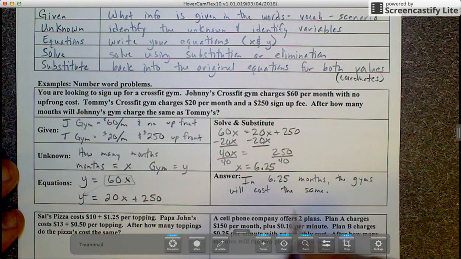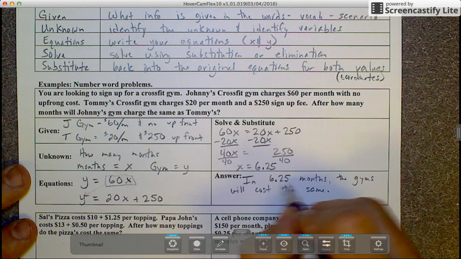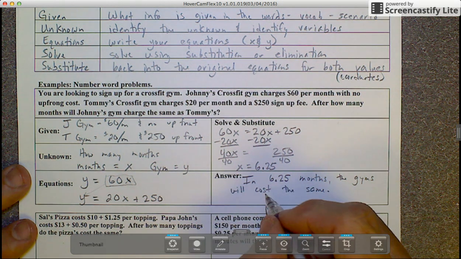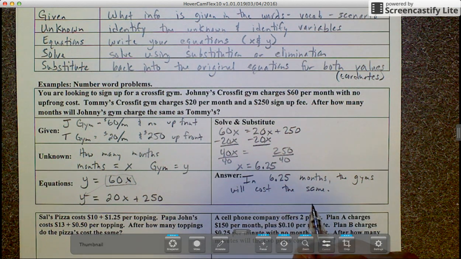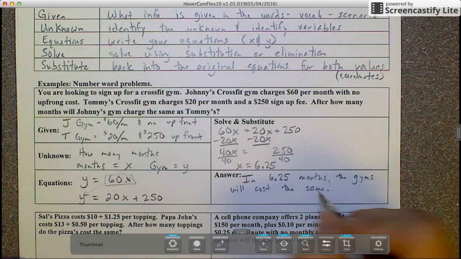But my question is, can you pay for 0.25 of a month, a quarter of a month? And no, you typically can't. So what's going to happen is they're never going to cost the same.